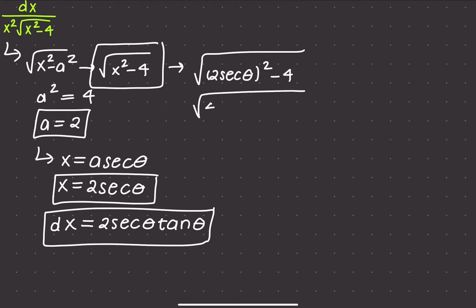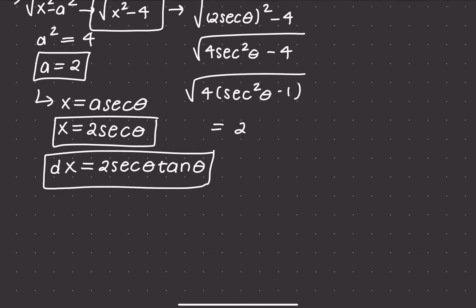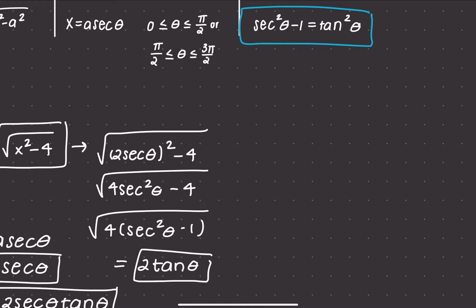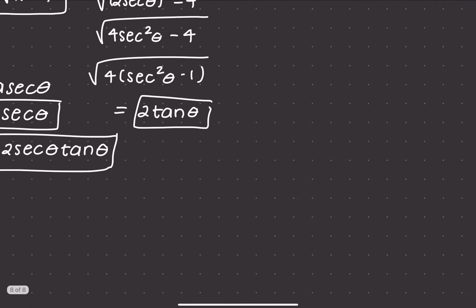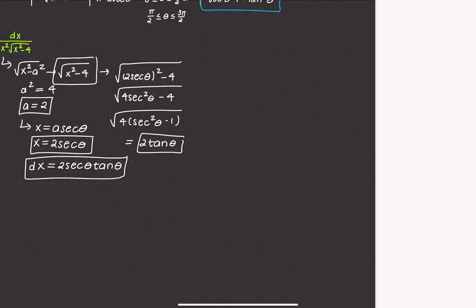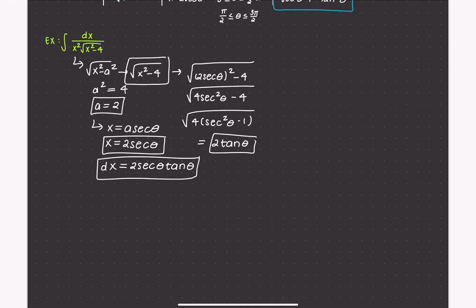If a 4 is factored out, we can write secant squared theta minus 1, which gives us 2 tan theta. We know this because of the identity secant squared theta minus 1 equals tan squared theta, and the square root of tan squared theta is just tan theta. After we have all these values, we can plug them back into our integral.